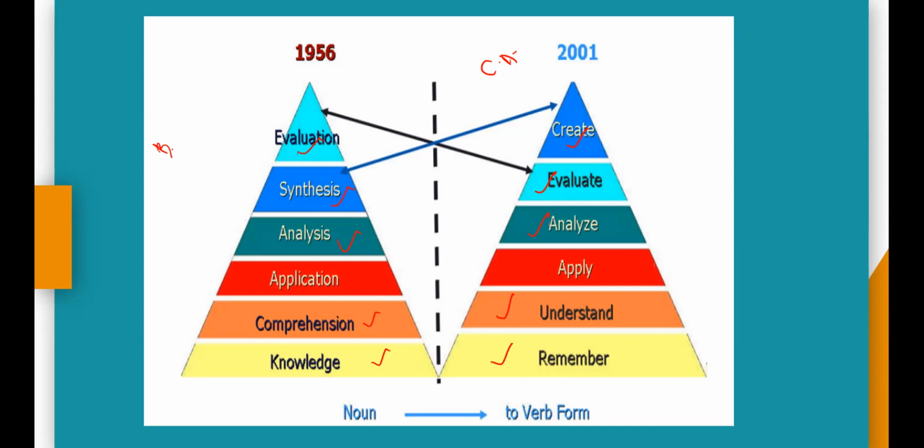The fifth point they have used is evaluation rather than putting it last. Here in the evaluating, they make judgments based on criteria and standards through checking and criticizing, doing the proper critics, understanding the recommendations, studying the reports, understanding what the product is, how it can be created, how it is demonstrating itself, what is the process that we are going to evaluate, that is, is this correct or not.